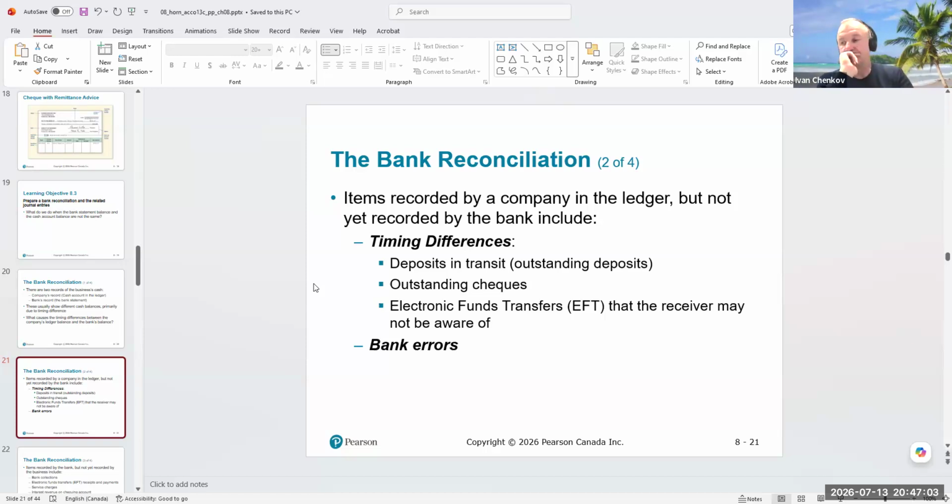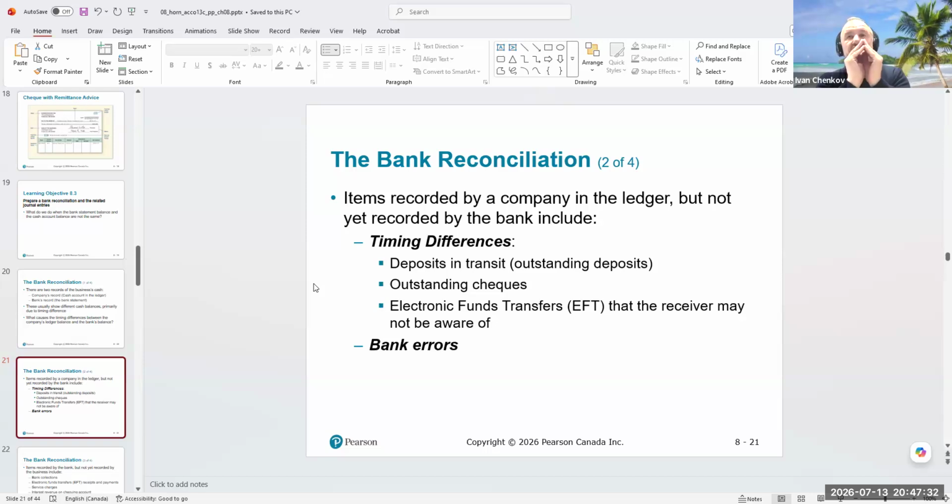For example, if I write a check today, right now, to somebody and I put it in the mail, usually it takes a day or two for that check to reach the recipient. Most likely it takes another day or two for the recipient to cash the check. So in the meantime, that will be an outstanding check.